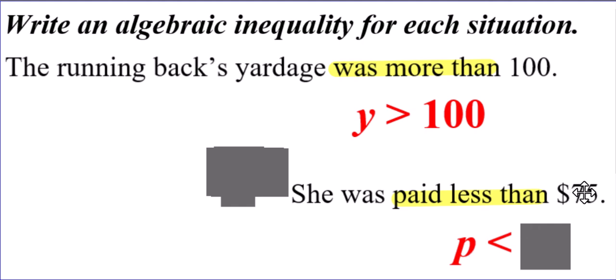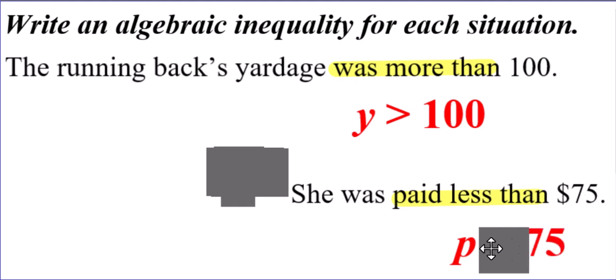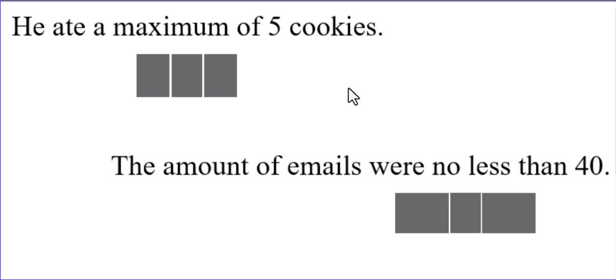We know it's less than 75. Since the 75 was to the right of the words less than, then we're going to keep it to the right of the less than symbol. Are you noticing where you see the number in the sentence seems to correspond to where you put that number in regards to where the inequality symbol is? Let's do a couple more together.